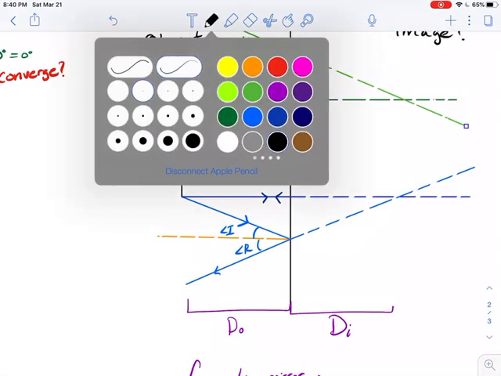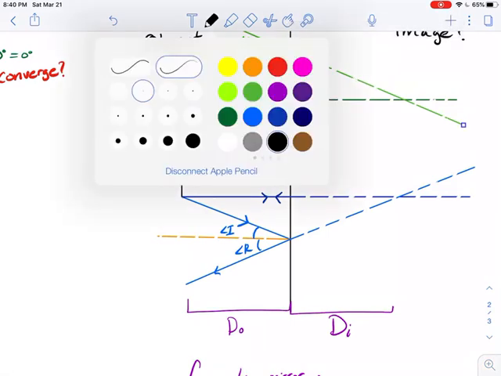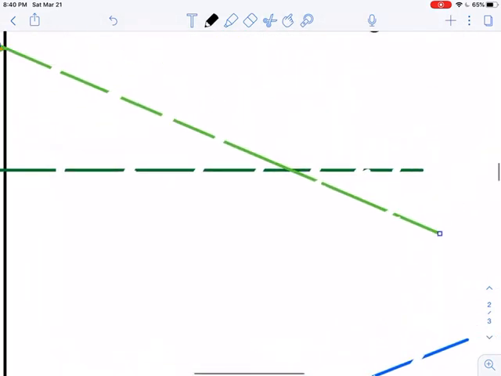And so I'm going to put a black dot now where those convergence points are, and the very top point is the tip of the arrow right there. Sorry, my Notability is kind of going crazy right now. But there's going to be the tip of our arrow where those two light rays converge on top.